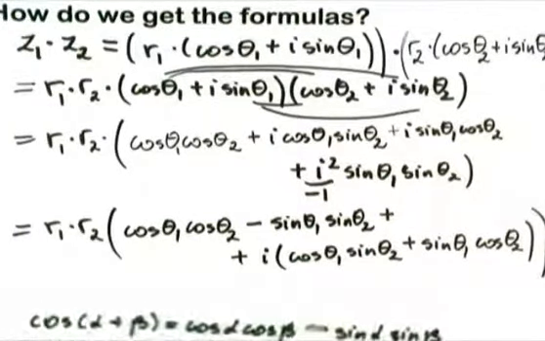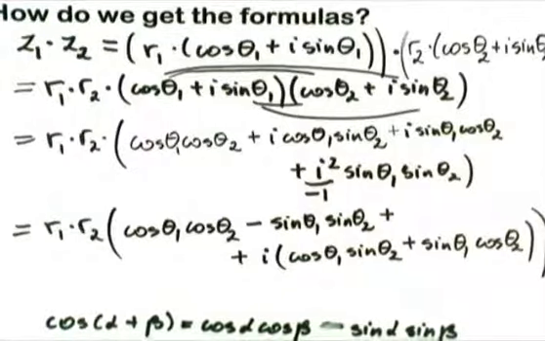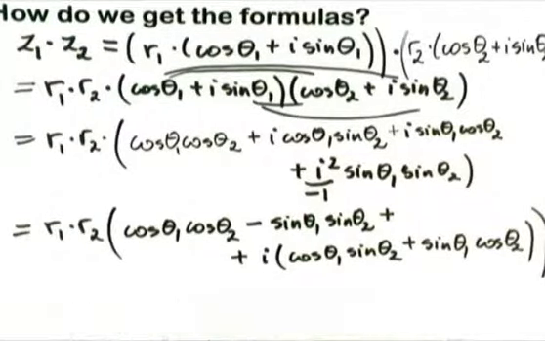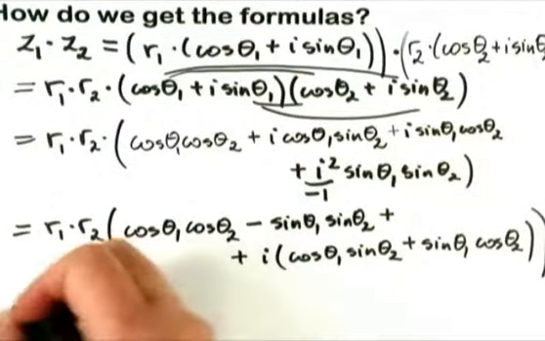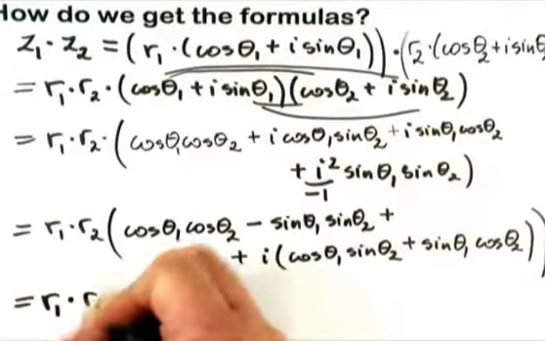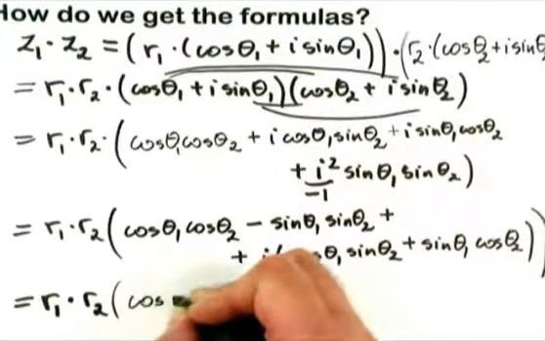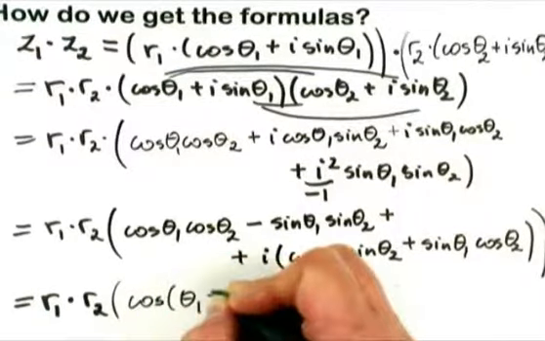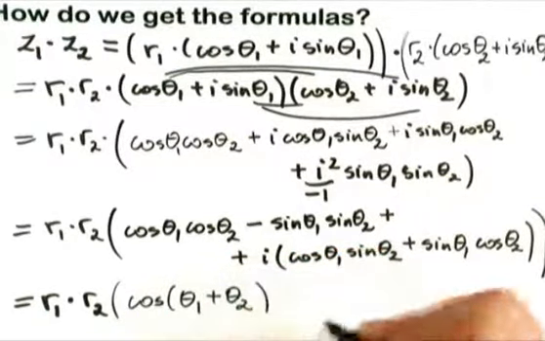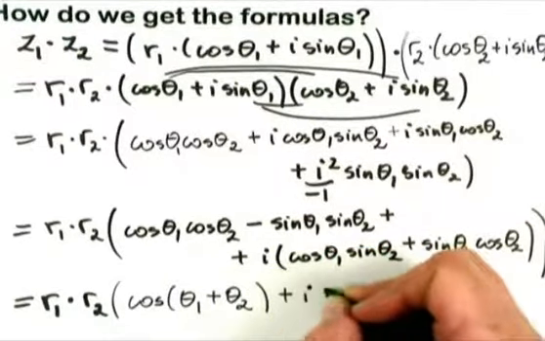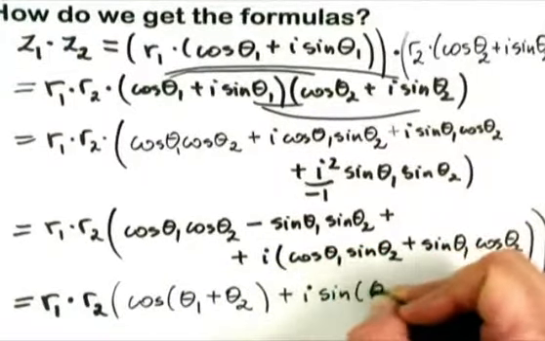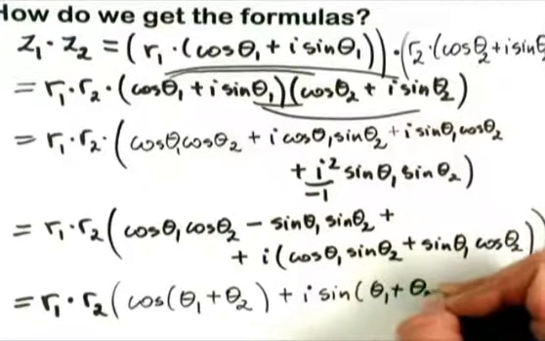So if I apply those two formulae, I get r1 times r2, and then cos (theta 1 plus theta 2) plus i sine (theta 1 plus theta 2).